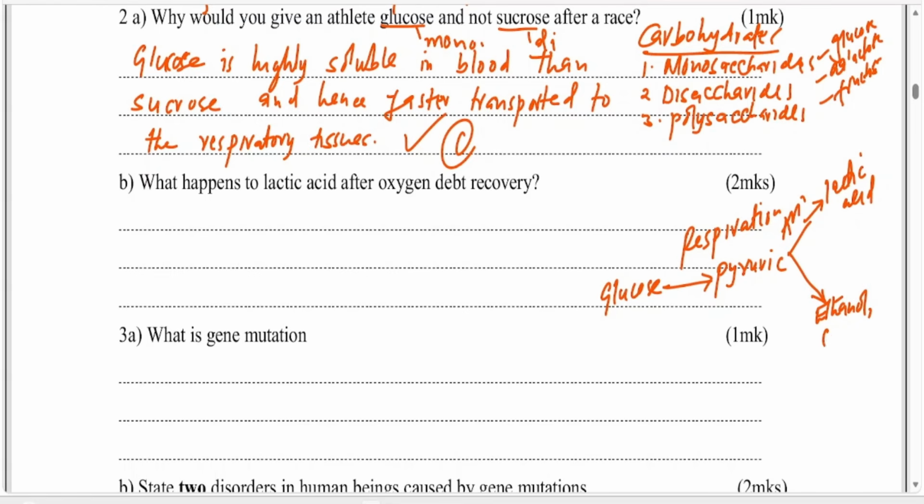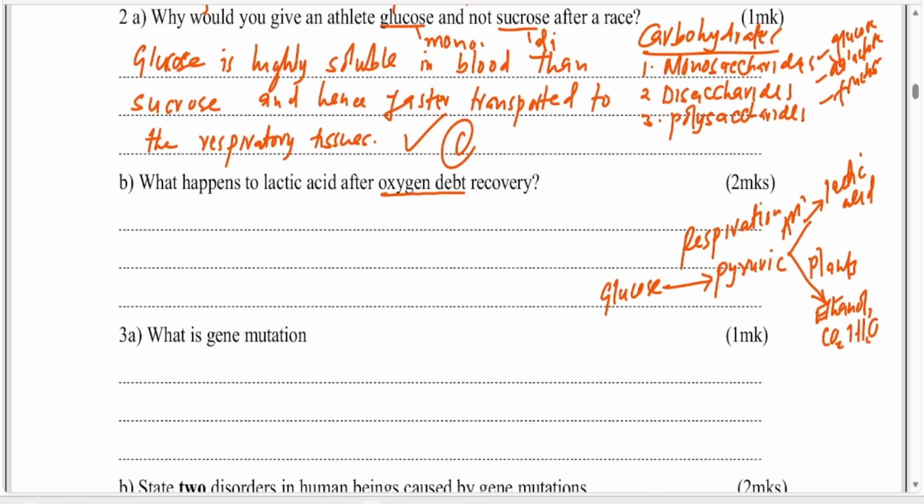We also have carbon dioxide and some water. So this is in plants. And in our case here, we are looking at this lactic acid that accumulates in the body muscles. It has to be removed, or it has to be broken down when the oxygen debt is paid.